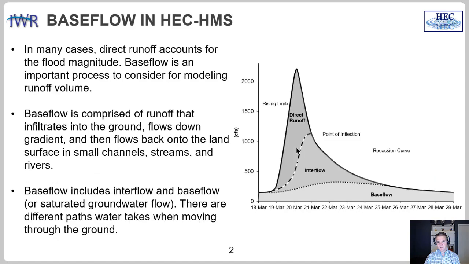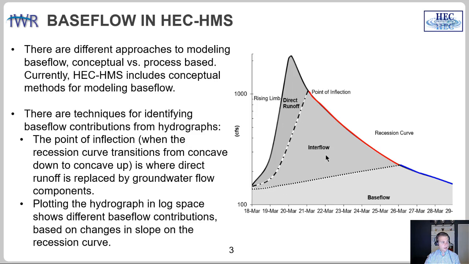So if I go back to the previous slide, you see this nice curve right here for the recession limb. So for the same hydrograph, if I plotted that using a log axis right here, you can see that that curve transitions to basically straight lines along the recession limb.